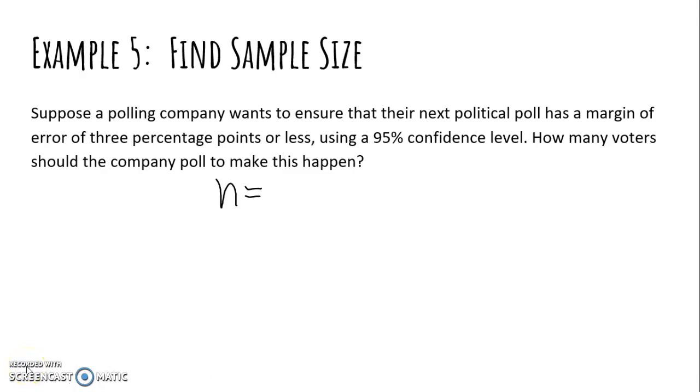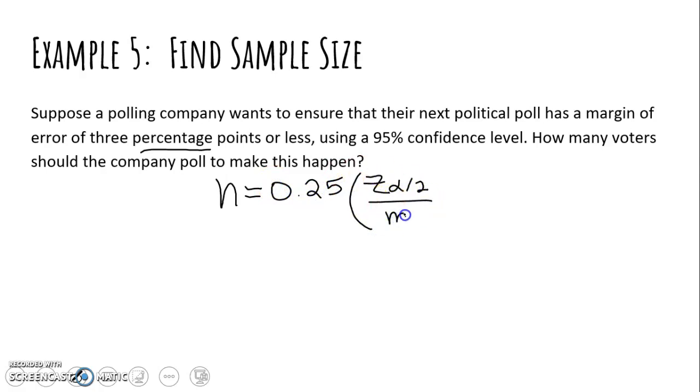Because we're talking about percentages, we know it's a proportion that we're doing. So we look, do we know the sample proportion? We don't. We don't know p hat, so we're going to use 0.25 times z over the margin of error squared. Okay, we need to find z, and to do that, it's the critical value.